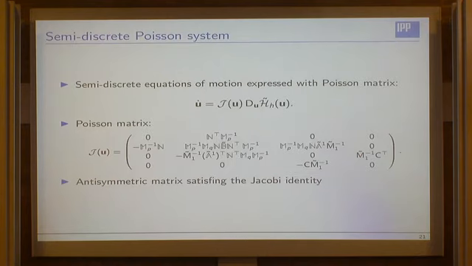Okay, so we are in this form, and we can write down how the Jacobi identity looks like or should look like in terms of this Poisson matrix. And yeah, it's a bit of tedious calculations, but you can show that it's actually satisfied. So here we really have the Poisson structure still there, preserved on the semi-discrete level.